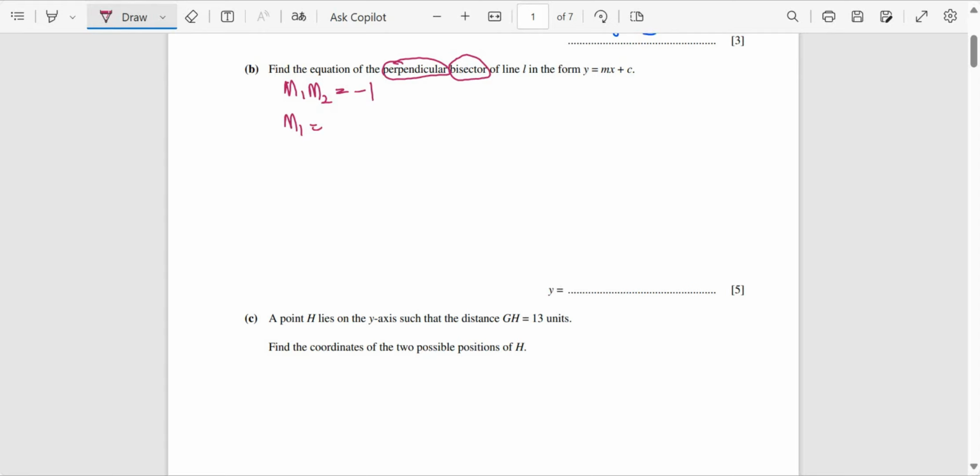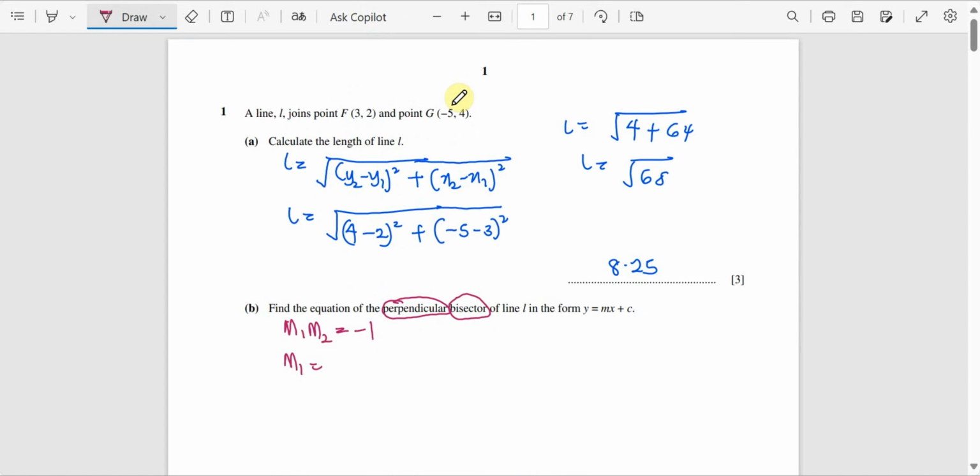Remember, we're given the points up there, so we get the points. The gradient is (y2 minus y1) over (x2 minus x1). So the gradient is, y2 is 4, 4 minus 2 over -5 minus 3.